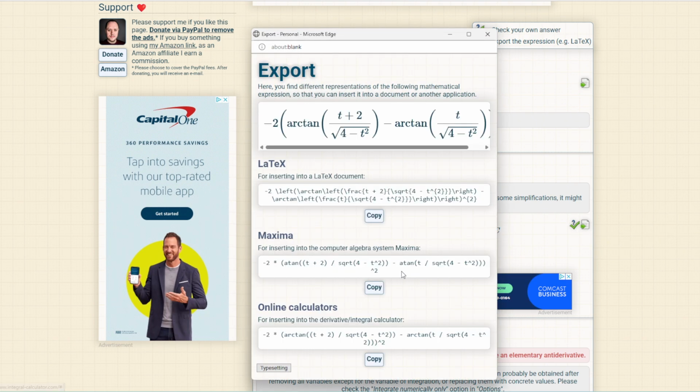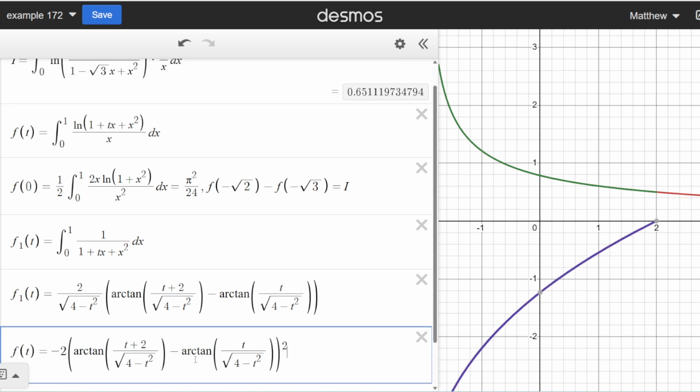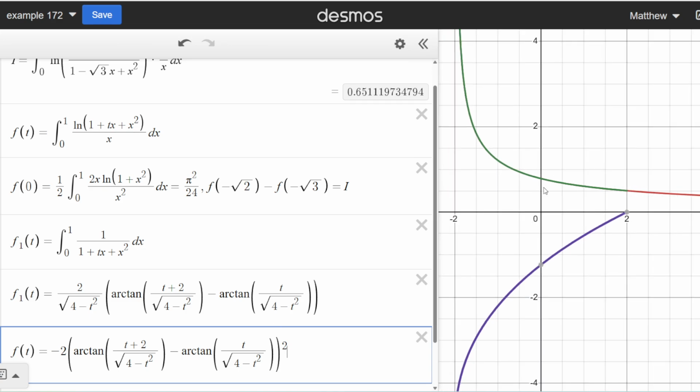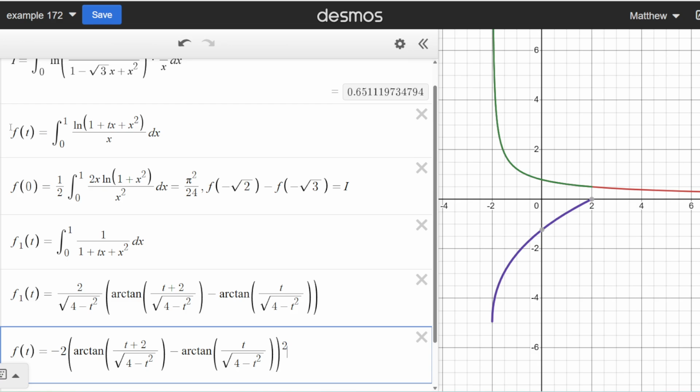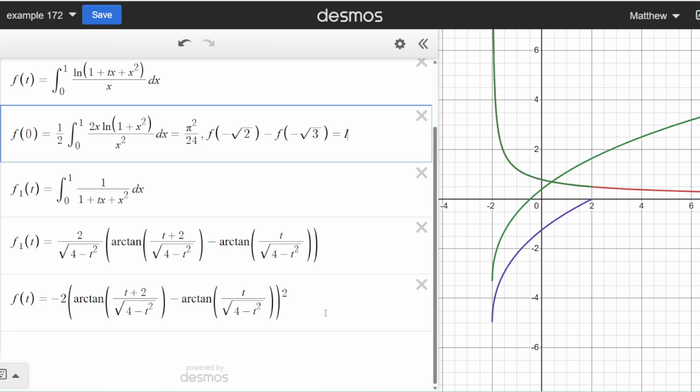Let's see. Okay. Well, it says that it's equal to this, but it is, oh yeah, it might be. Okay. So now we have to solve for our constant of integration c. Okay. So integral calculator was able to handle that.